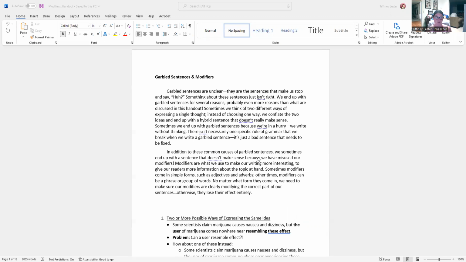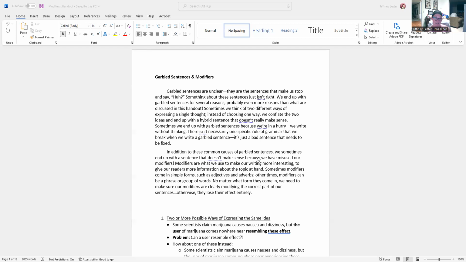So we end up with garbled sentences for several reasons, probably even more reasons than I'm going to discuss here. I think one of the most common reasons we end up with garbled sentences is because we aren't really paying attention and we aren't proofreading. We aren't going back and looking closely at what we've written.